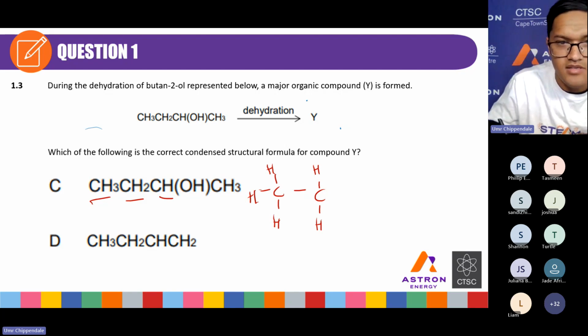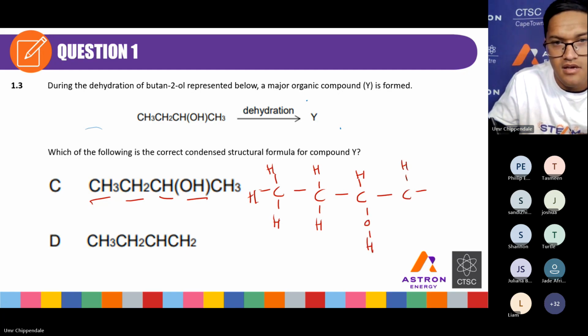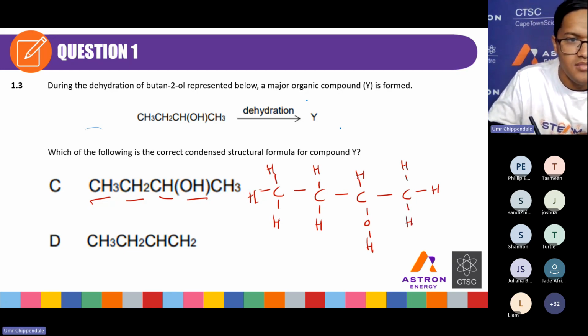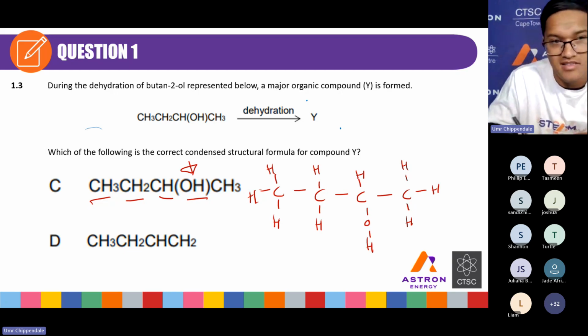Then we move on to this, which is CH, and that is attached to an OH, and then that is attached to a CH3. So not this one as well, because remember we had to take a water molecule away. This is an alcohol, so we took that entire part away. So this is also out.